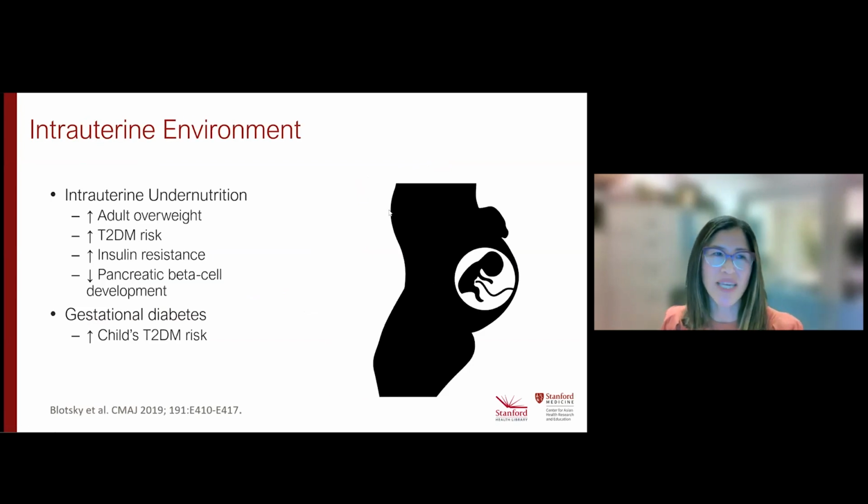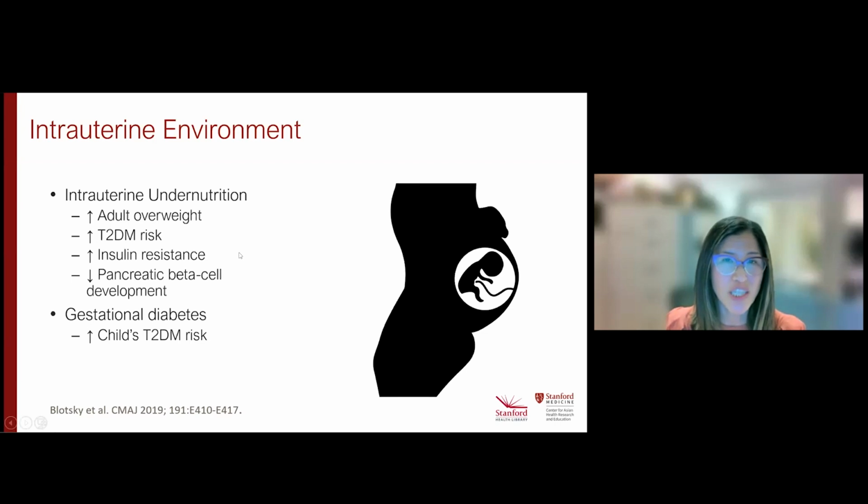Switching gears a little bit, a lot of people also talk about, obviously the environment is very important when it comes to risk for disease, but really starting from the intrauterine environment. One of the factors that might be important is undernutrition during fetal development.